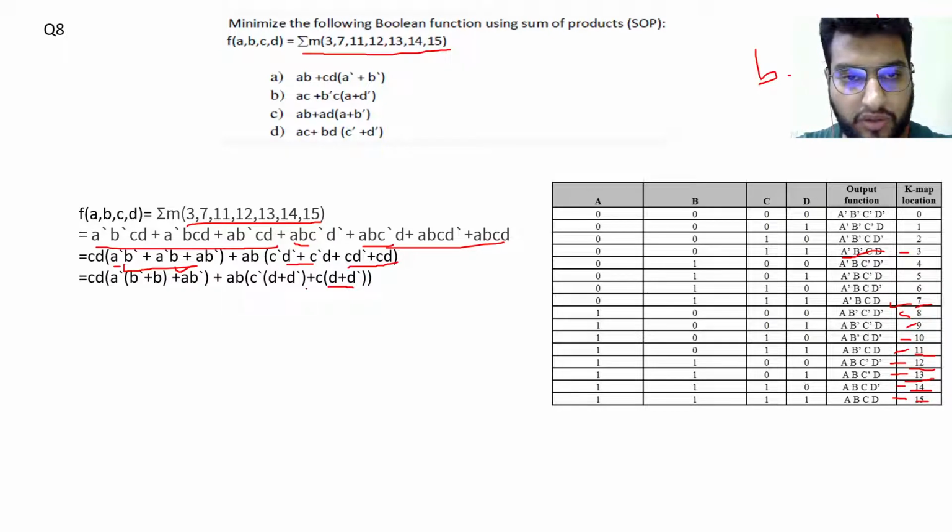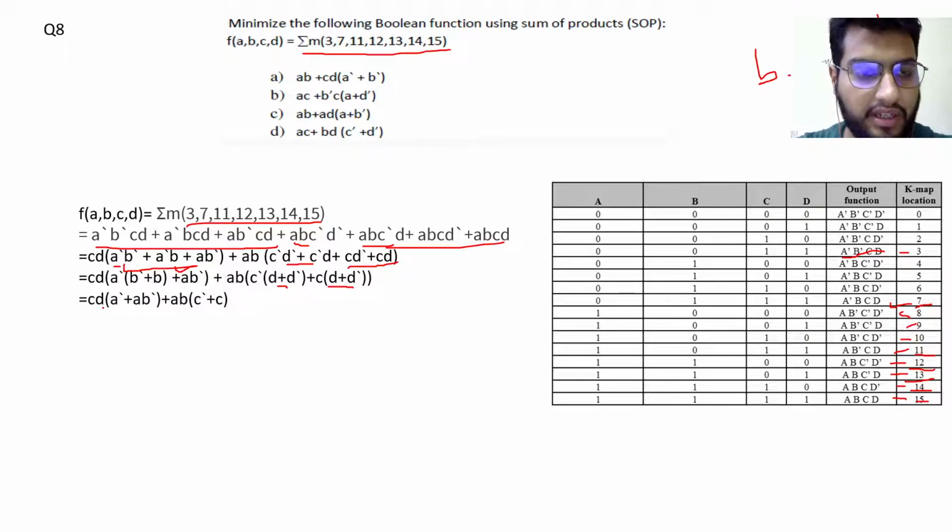So this will also be equal to 1, this will also be equal to 1. So my expression will now be c d and with a complement, or with a b complement plus a b and with c complement plus c. So this thing is again like this, and it will be equal to 1. So it will be c d, a complement plus b complement. Oh, this will be equal to 1.